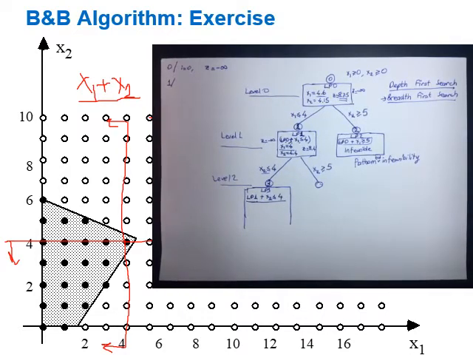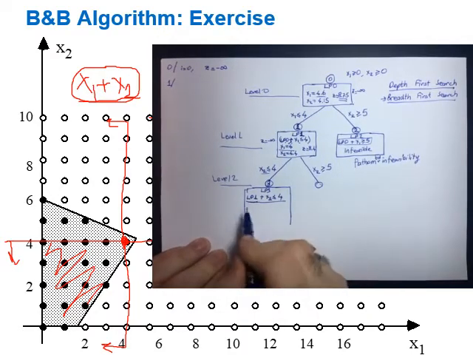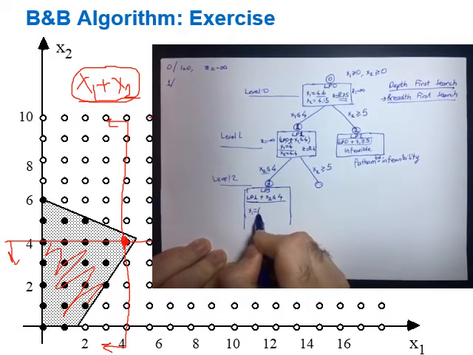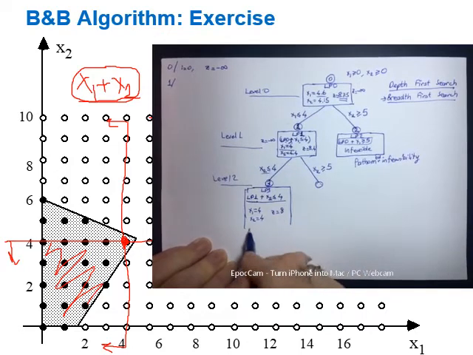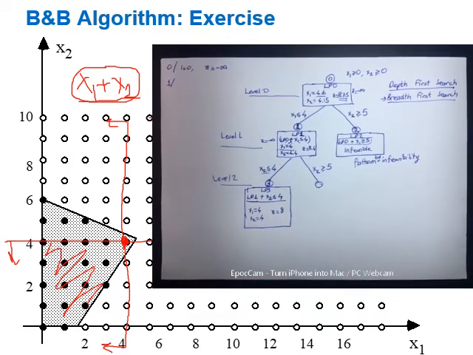The problem that I am solving here is the shaded region, and I am still maximizing x1 plus x2. The optimum solution is this one, which is already an integer solution. So x1 is equal to 4 and x2 is equal to 4 and the z value is equal to 8 in this node.